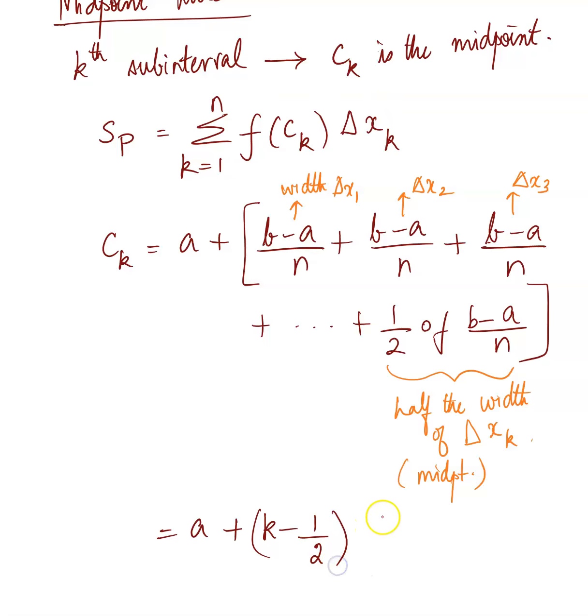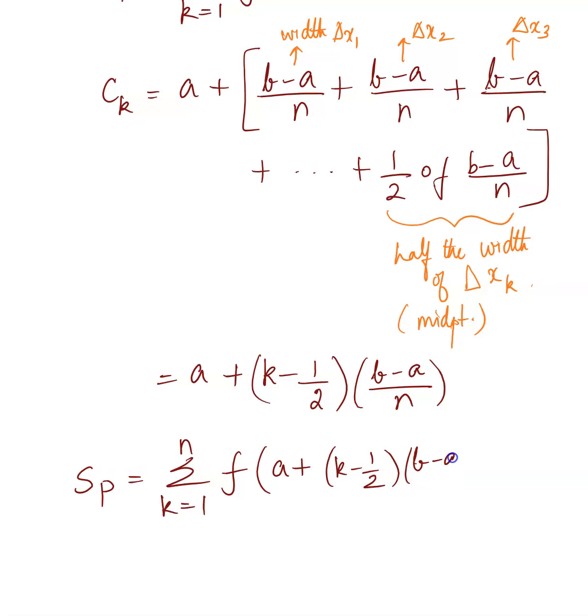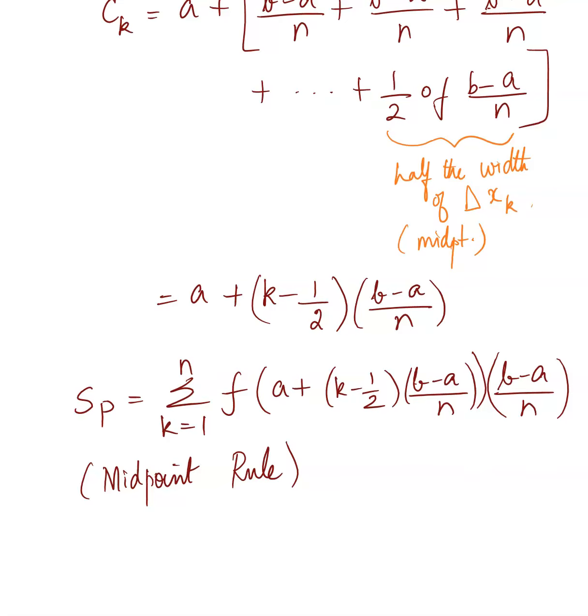Just put my (b minus a) over n. So then this SP, the sum of the partition, will be summation k = 1 to n, f of ck, and in the place of ck I now have a plus (k minus half) times (b minus a) over n. Okay, looks lengthy. This is for midpoint rule. Let me also box this.